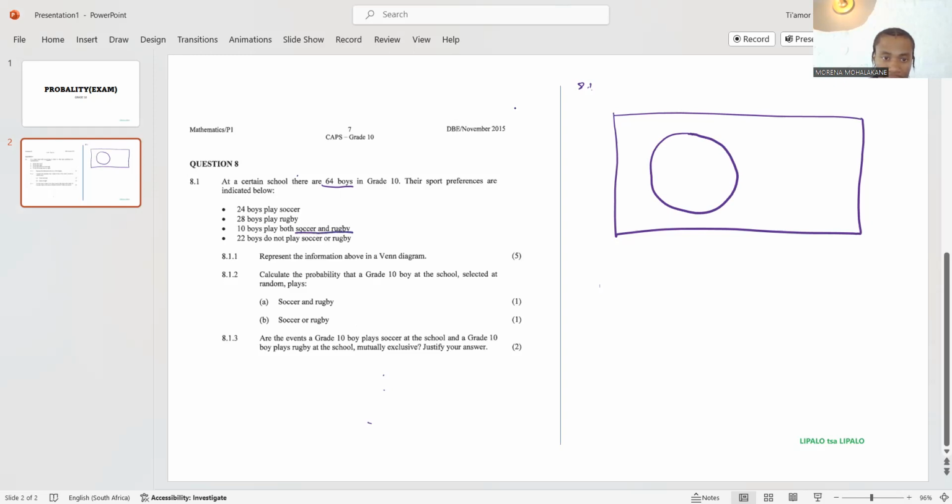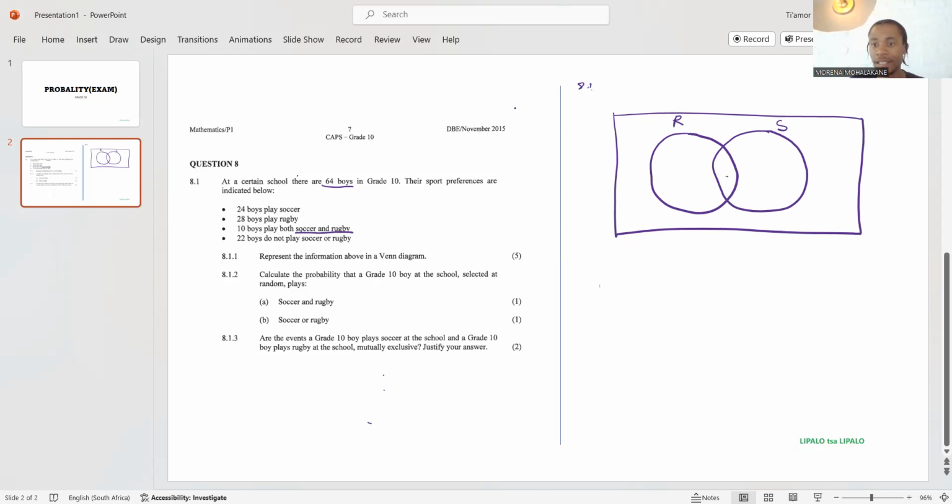We have 10 players that both play rugby. So we'll say rugby. And then we have soccer, right? I know there's an intersection because there's soccer and rugby. Here it's going to be soccer and rugby.